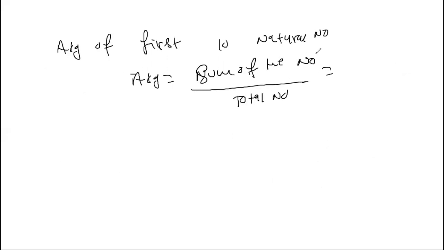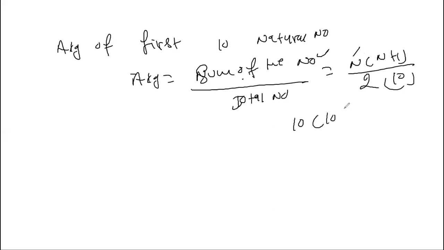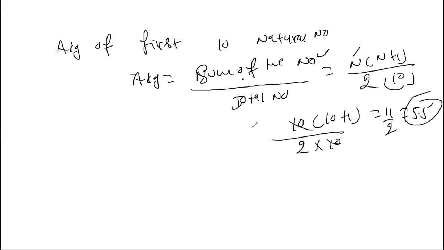You know very well the sum of the numbers is n into n plus 1 divided by 2. And what is the total number? The total number is 10. So put the value of n as 10 here. 10 into 10 plus 1 divided by 2 into 10. 10 into 11 divided by 2 into 10 is equal to 5.5. So remember this formula, average is equal to the sum of the numbers divided by the total numbers.